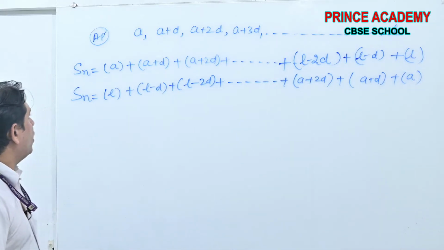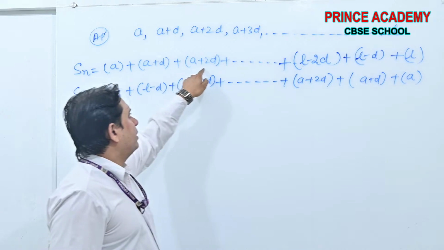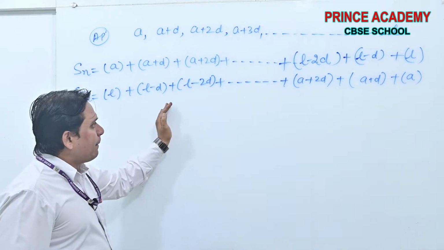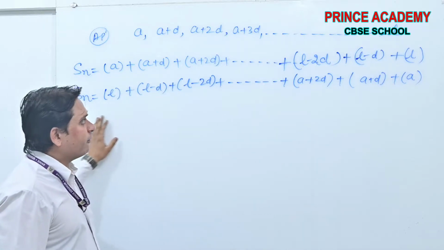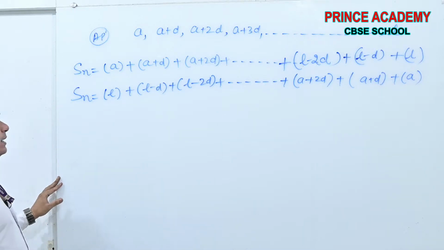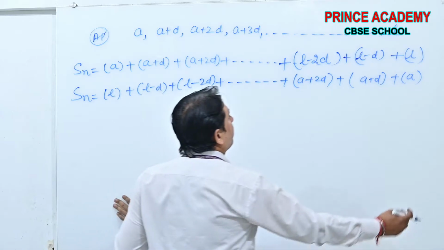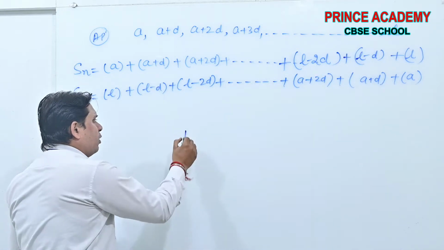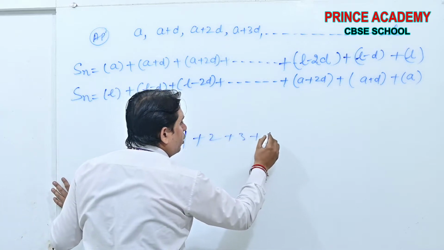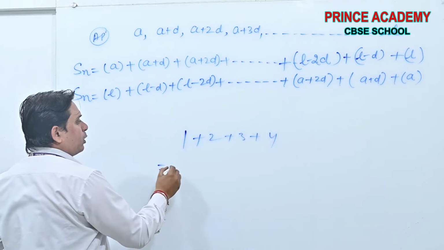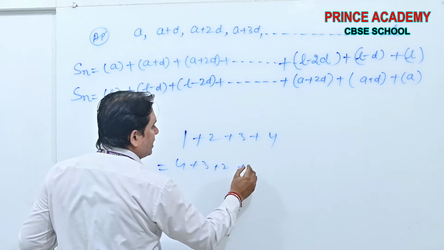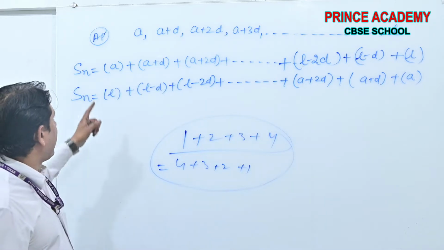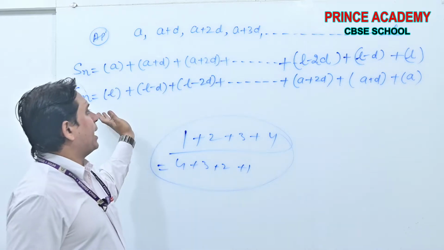See beta, from here we kept adding D. From here we also kept adding D. Yes or no? Okay, done. And if we change the position, things are the same beta. 1 plus 2 plus 3 plus 4 is equal to 4 plus 3 plus 2 plus 1. Yes or no? I have used this property of integers. Okay, from A to L, then from L to A.